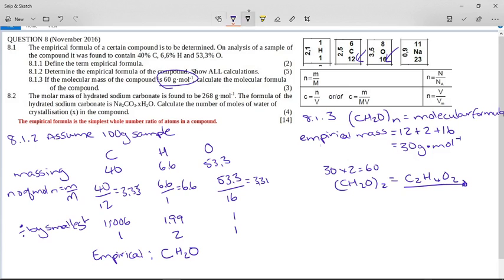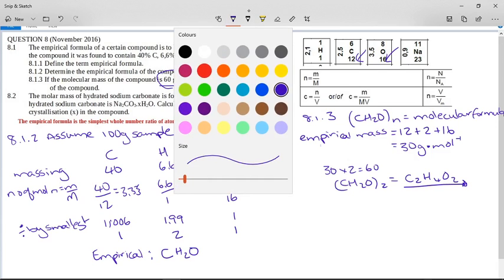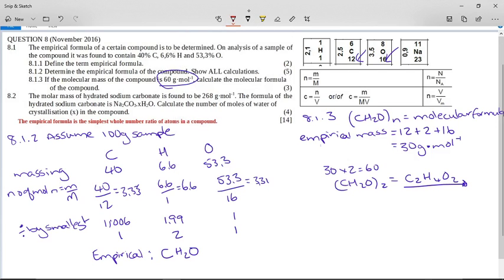Okay, now then in 8.2, it says the molar mass of hydrated sodium carbonate is found to be 268 grams per mole. The formula of hydrated sodium carbonate is Na2CO3.xH2O. Calculate the number of moles of water of crystallization, x, in the compound.